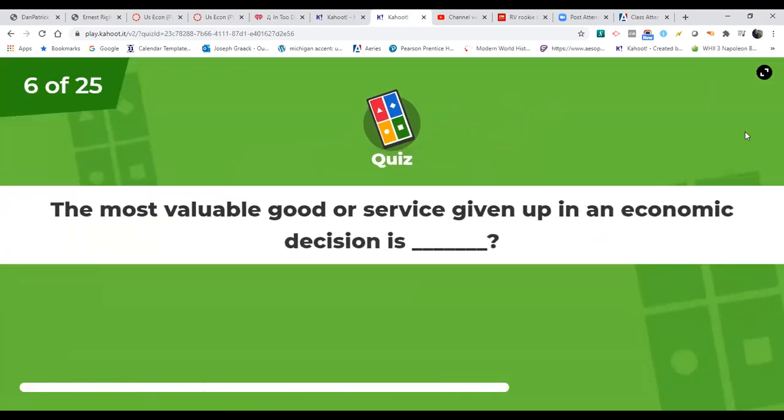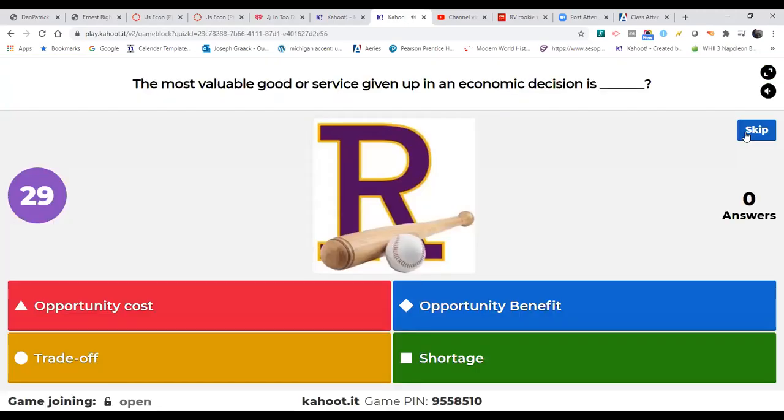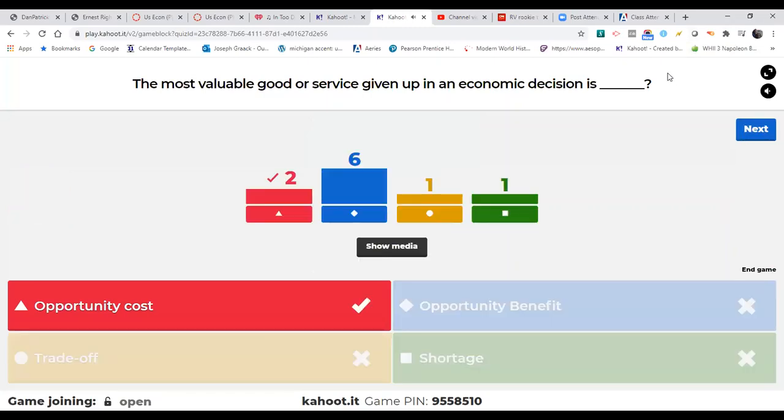Most valuable good or service given up in an economic decision is what? Okay.